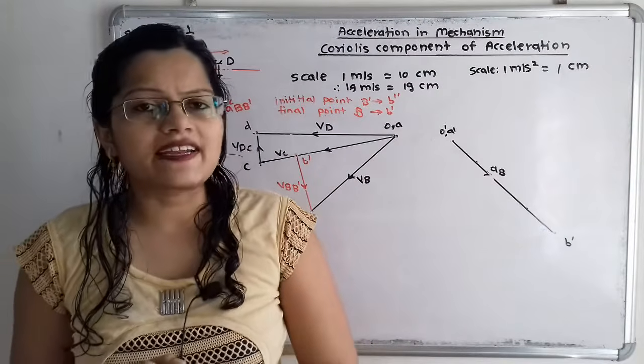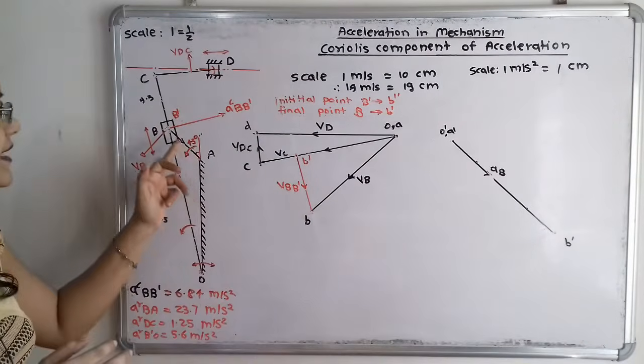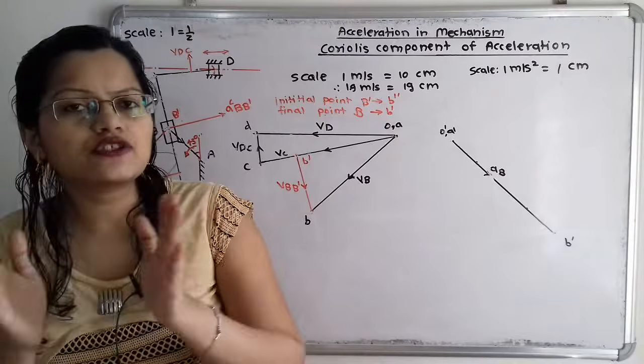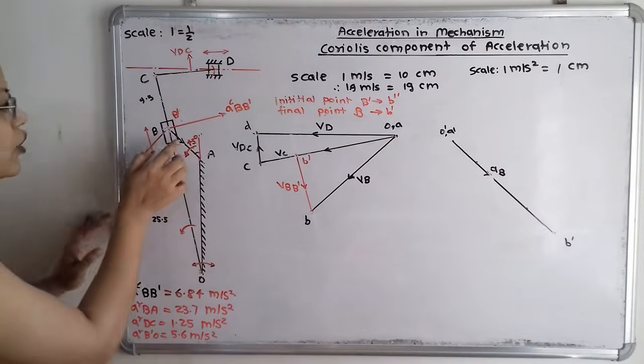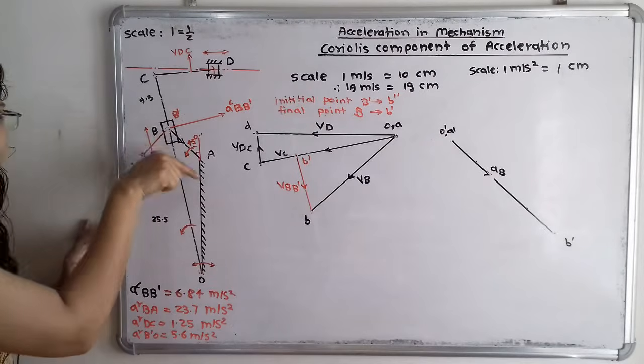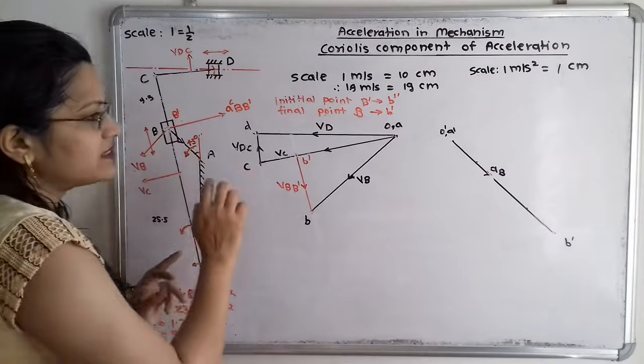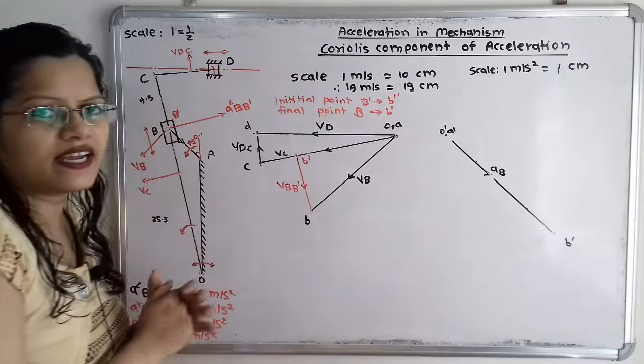So what about the radial component? So we know that this radial component is parallel to the link AB and the direction is towards the fixed point, that is towards the point A. So if we show this direction, that is in the downward direction. So first we will select the 2 points, that is the fixed point as O dash and A dash.